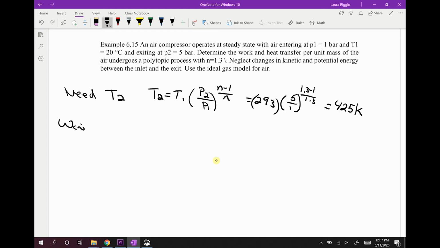So our work is equal to minus nR over n minus 1 times T2 minus T1.